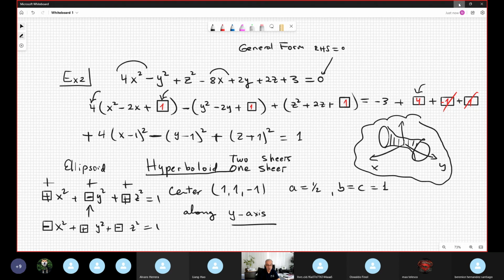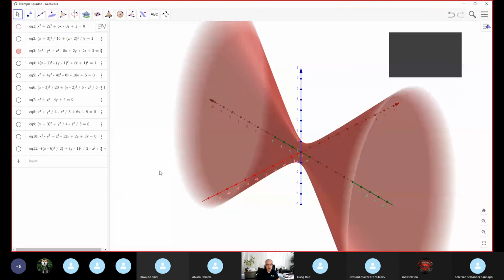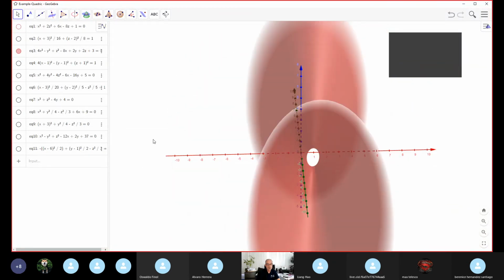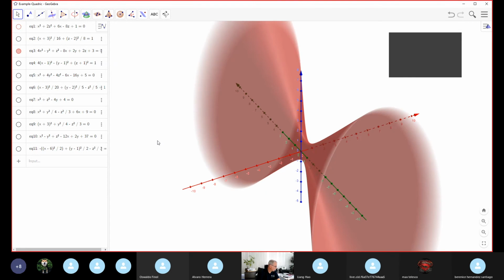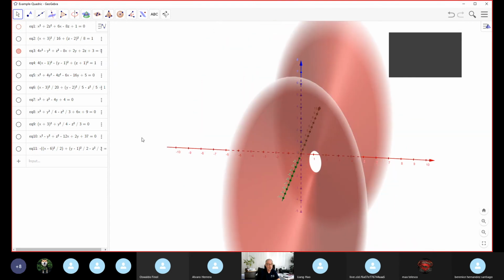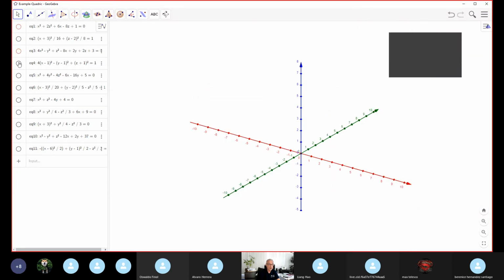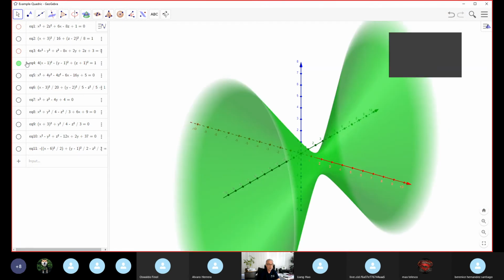Let me share the screen. Oh, we forgot this. Do you see the GeoGebra? Now, yes. I copy both ways. I copy the way it is given. And I copy the standard form after completing the square. Bang. Green. It's the same. Look.